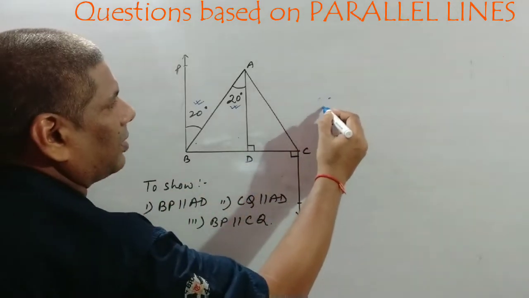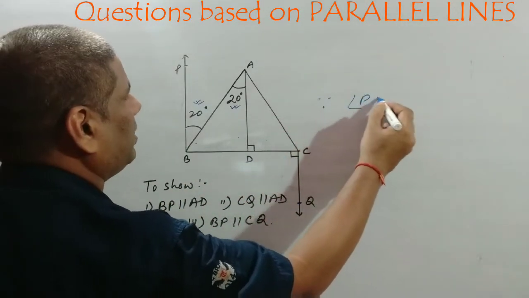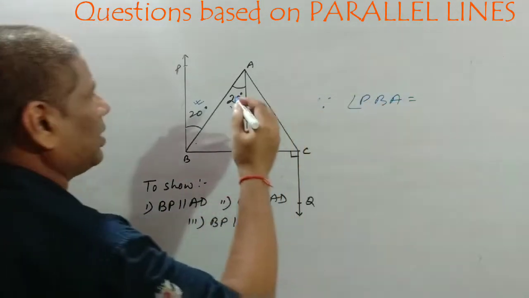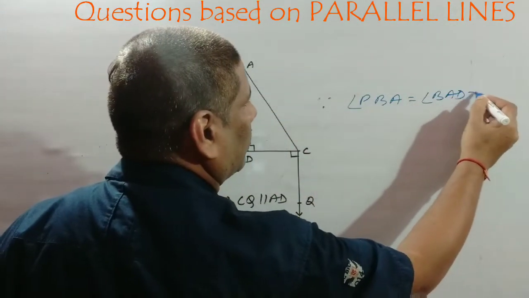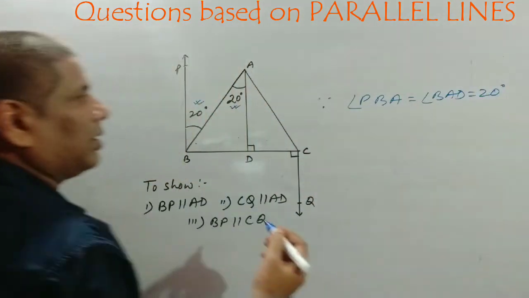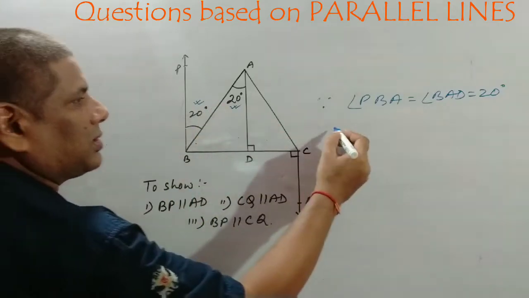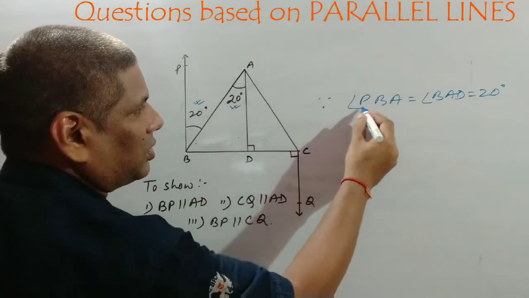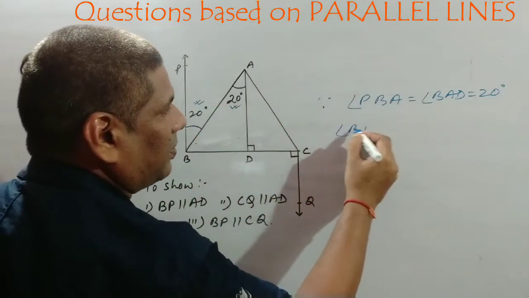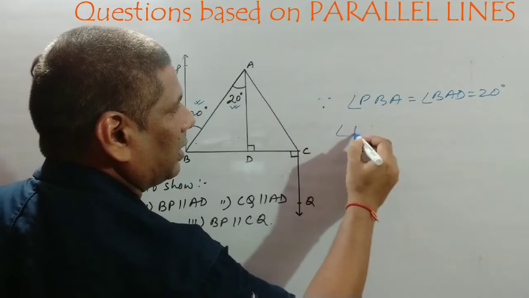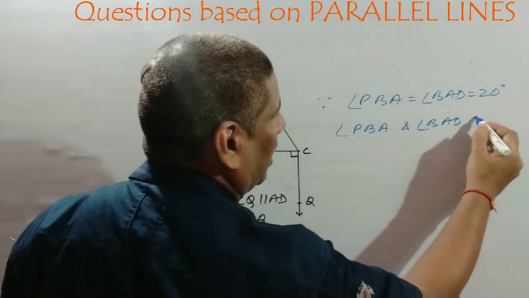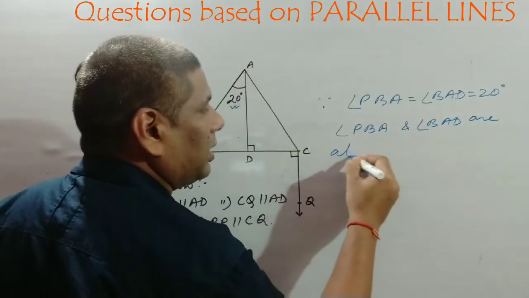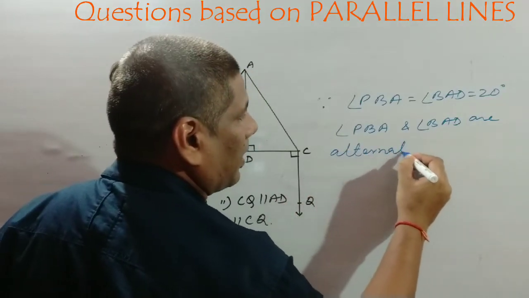Since angle PBA equals angle BAD and both equal 20 degrees, angle PBA and angle BAD are alternate interior angles.